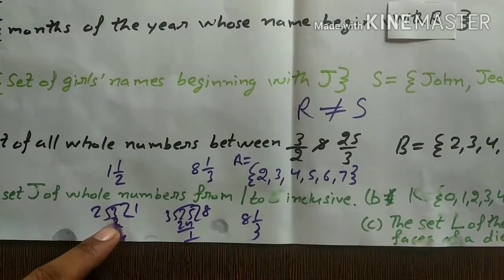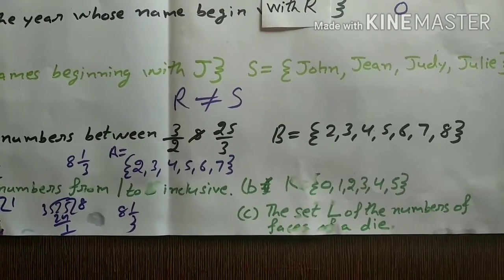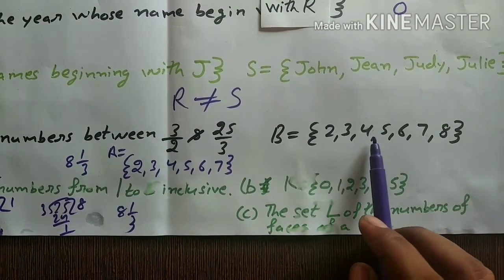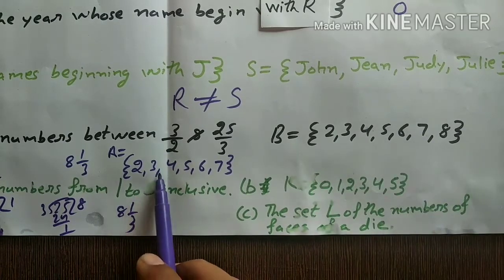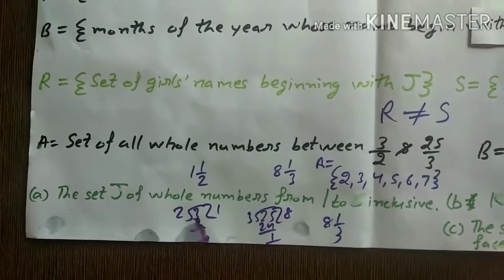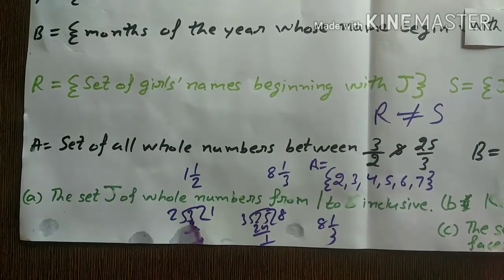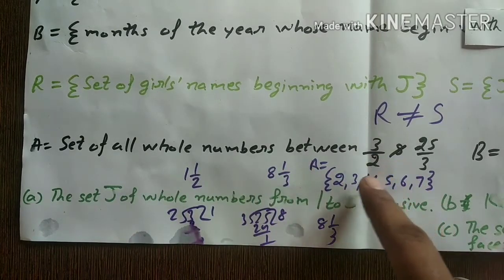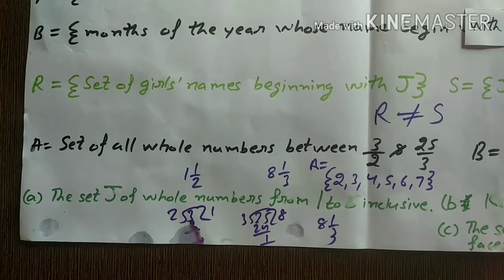Now what is on the other part? The set B is given 2, 3, 4, 5, 6, 7, 8. 2, 3, 4, 5, 6, 7 is there. Okay, but 8 is not there, because in this statement we are being given that we have to write the set of whole numbers which are lying between 1.5 and 8 and 1 by 3.